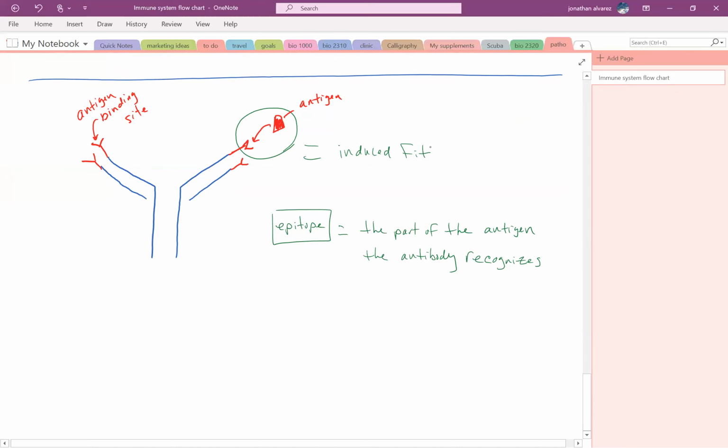This allows for a very specific type of bonding. The induced fit allows for a specific type of bonding.